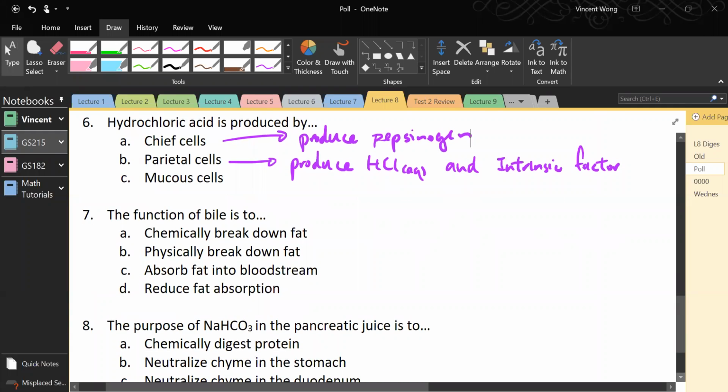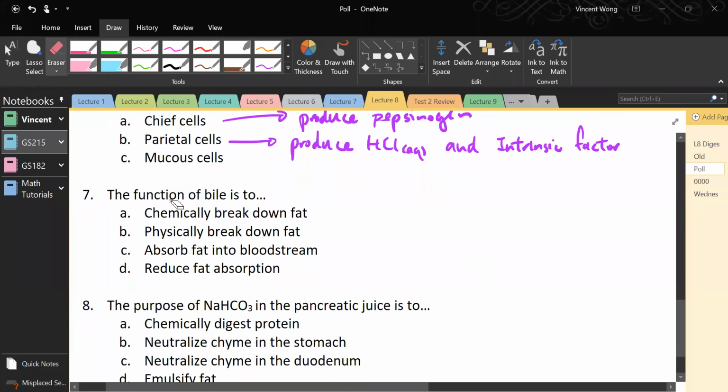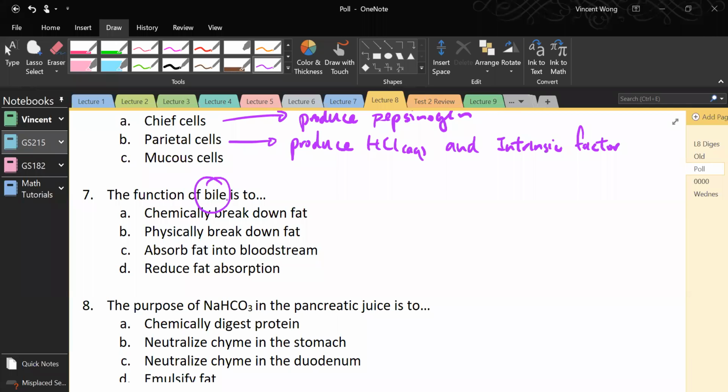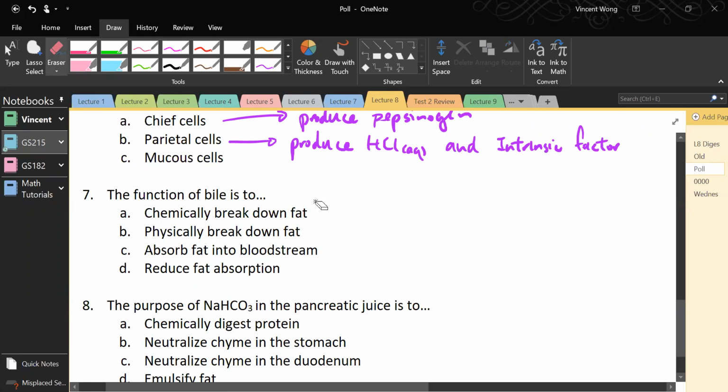Okay, two more. I'm just going to tell you the answers in the interest of time. The function of bile: remember, bile is made in the liver, but stored and secreted from the gallbladder, and it's being secreted directly into the duodenum. Bile does not chemically break down fat, rather it emulsifies it.